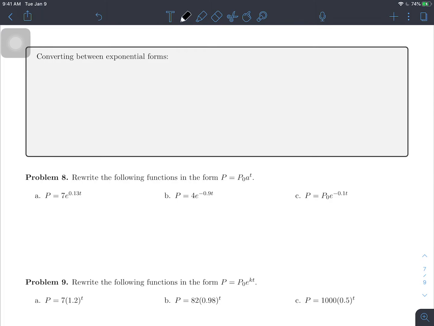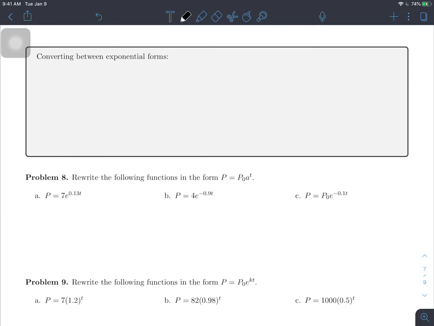For this video, we're going to talk about converting between exponential forms. There are two majorly important forms in which we write exponential equations, especially when we're talking about interest, exponential growth, populations, and this sort of thing.